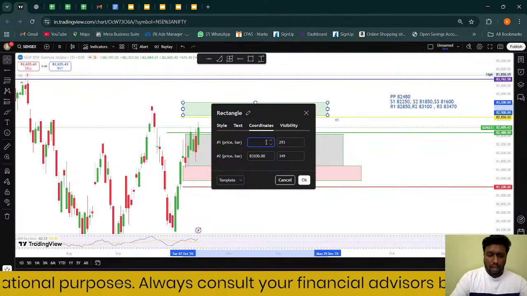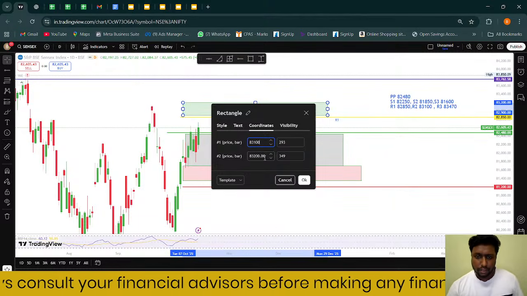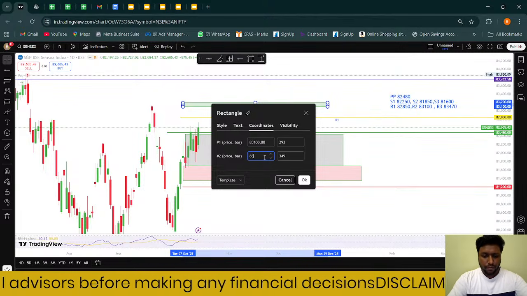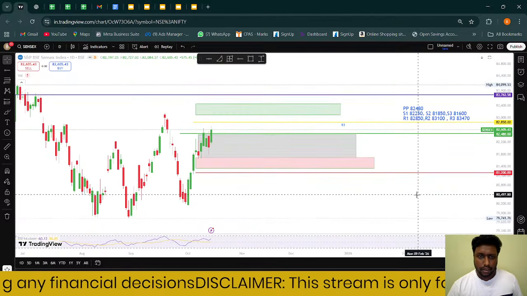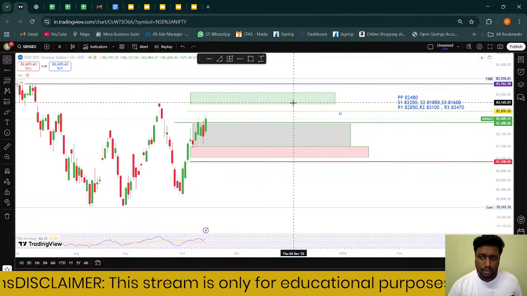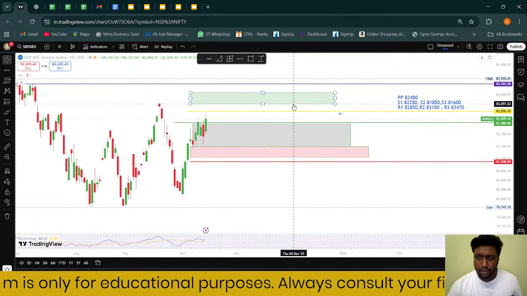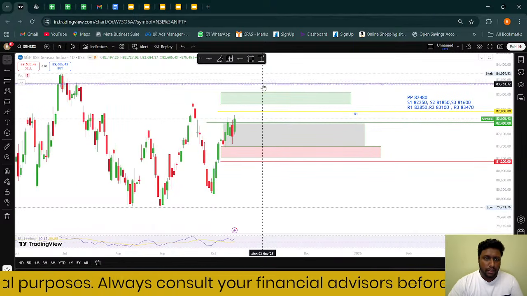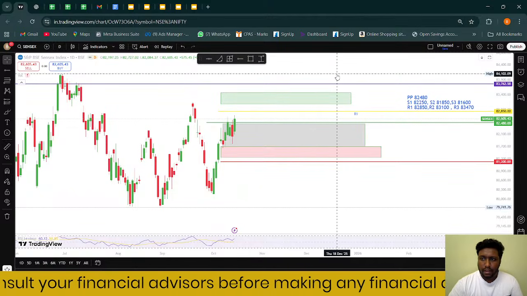R2 and R3, 83,100 and 83,470, can be considered as the bullish zone. Here you can see the previous nearest high is at 83,140, near to our R2, and after that we can see the high is at 84,000.